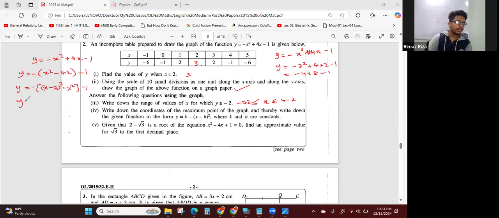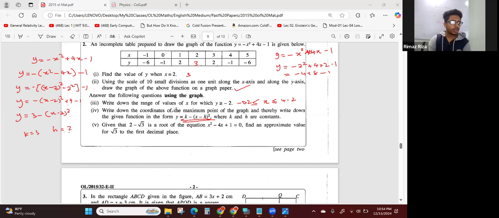Now I can multiply by this minus, so minus x minus 2 squared, minus and minus plus 4, minus 1. 4 minus 1 is 3, therefore I can write 3 minus x minus 2 squared. So I have written it in this form where k and h are constants. Therefore k equals 3, h equals 2.